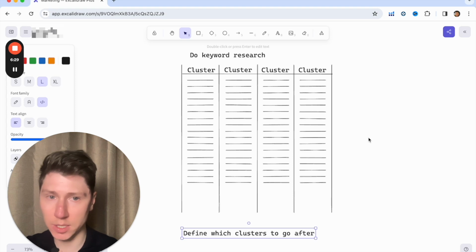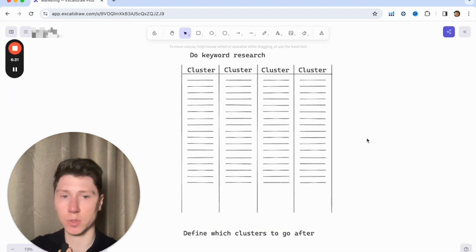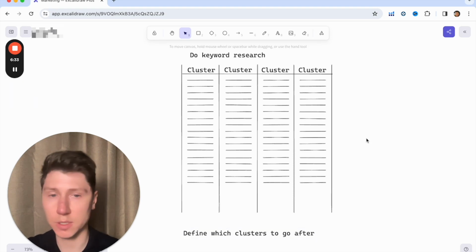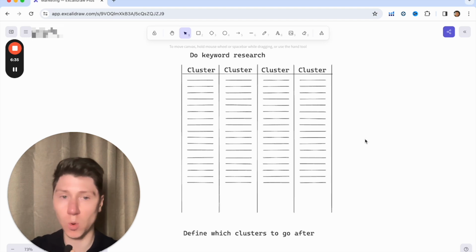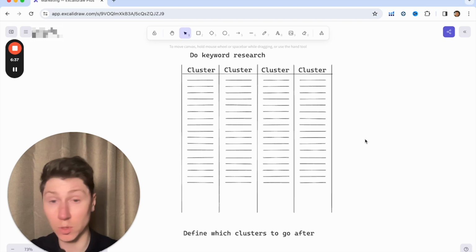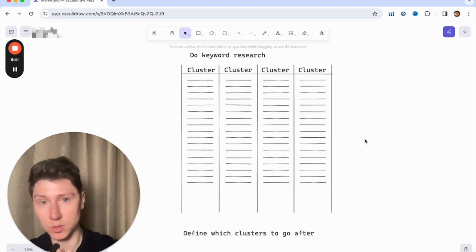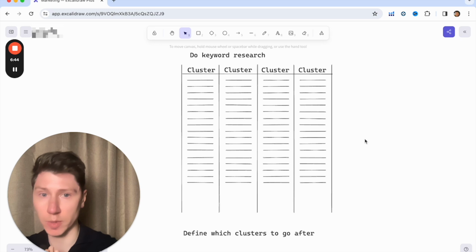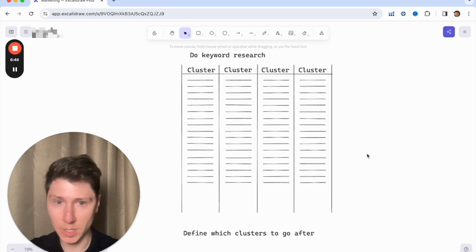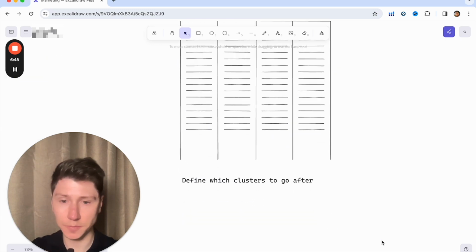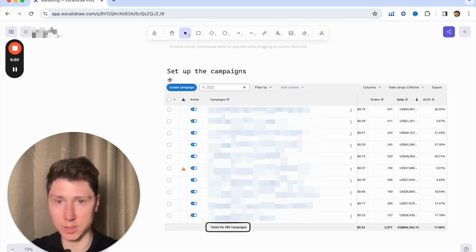Too many times I see that people launch too many keywords, too many clusters, too many campaigns, or they launch the wrong ones: too many of the ones that you don't want to launch, but not enough of the ones that you actually need to launch.